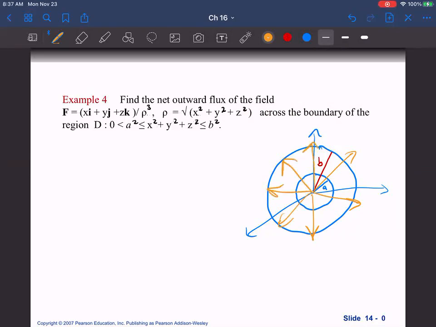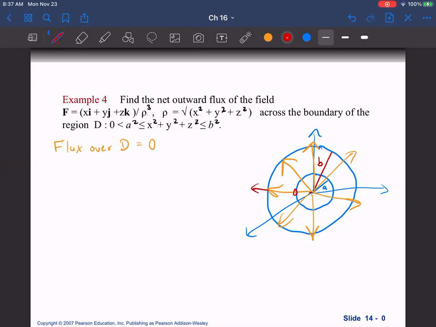So what this means is if I go do the flux over D, our region here, it should be 0. Because if we look at this, every bit that enters in here, which has that negative flux, is then exiting over here.